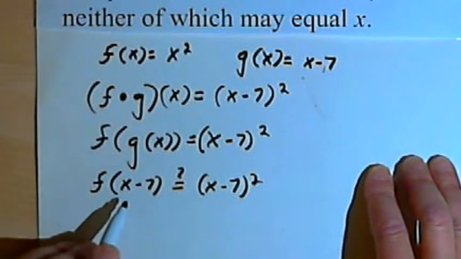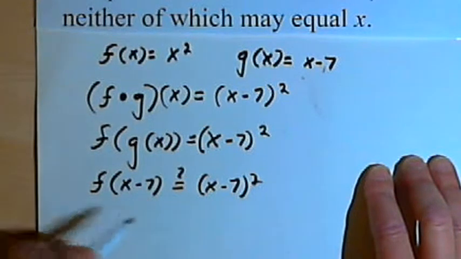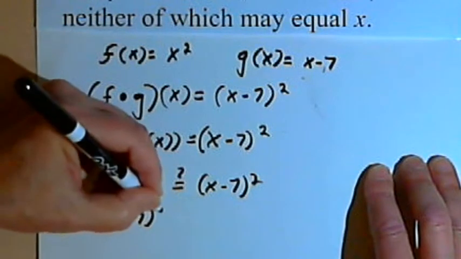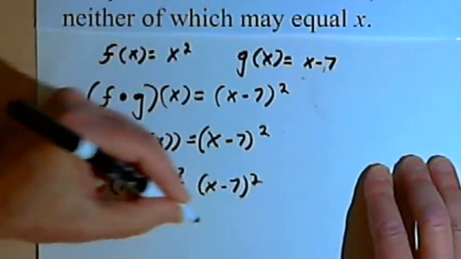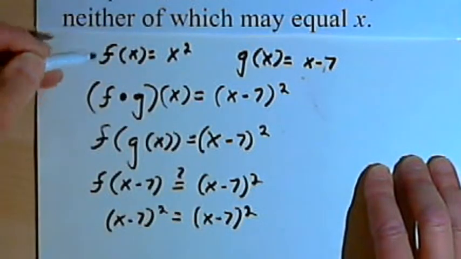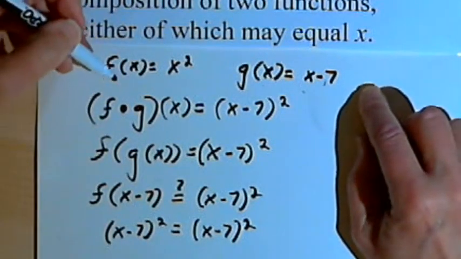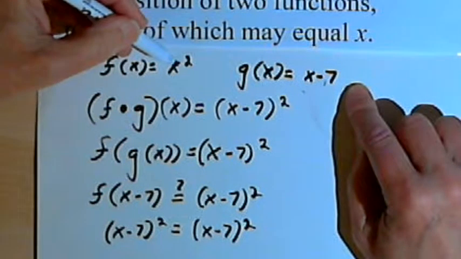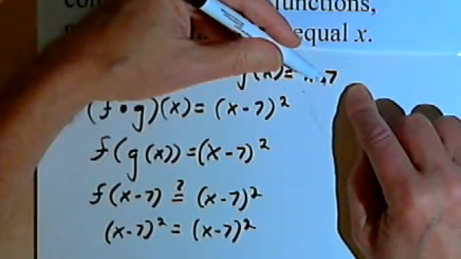So I've got to take x − 7 and square that. I get (x − 7)² does in fact equal (x − 7)². So now I know that the two functions I needed were f of x equals x² and g of x equals x − 7.